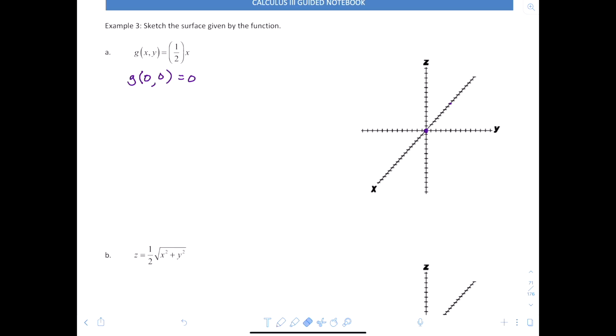Now let's take a look at g of -4. I'll keep y at 0. And then what would happen to my z value? I'd be at, beautiful, I'd be at -2, because half of -4 is -2. So 1, 2, 3, 4, about here.